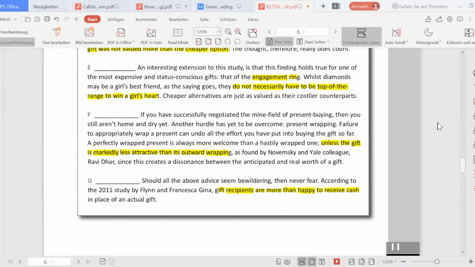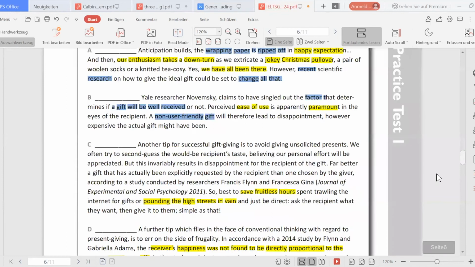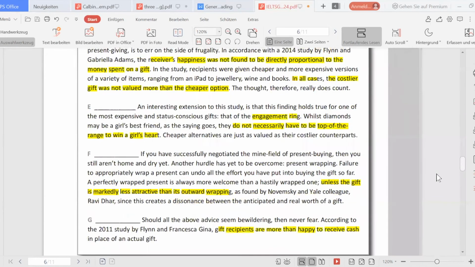When we go to question 20, the answer is actually number 2. It is what is inside that counts more. How did we find that? Because it says here that unless the gift is markedly less attractive than its outward wrapping. When you read the whole sentence, I'm just trying to keep everything short, not to make the video so long.